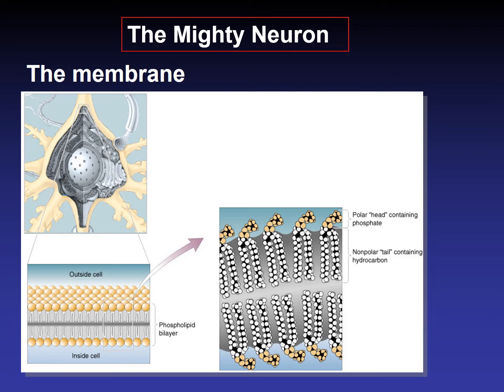And it's because of this hydrophobic tail, rather, of these phospholipids that water is not able to permeate the neuron. Water cannot move across these phospholipid bilayers. As such, the ions we discussed, the four ions, are dissolved in water.